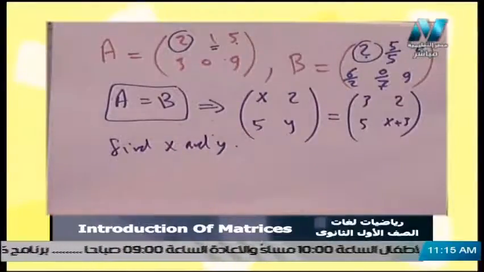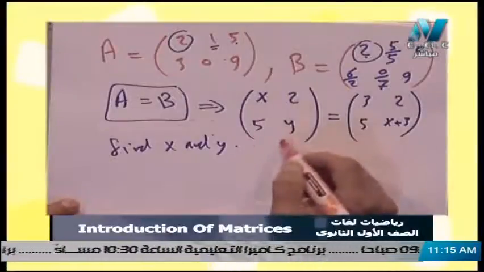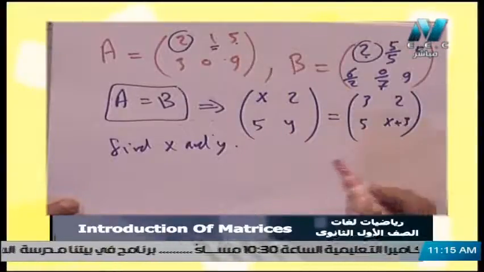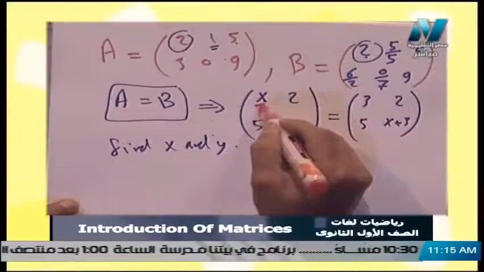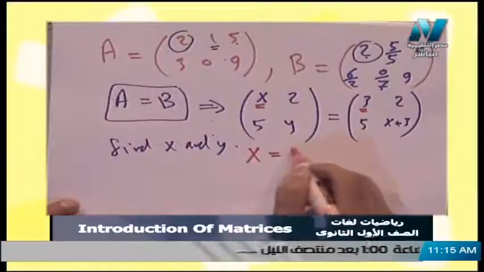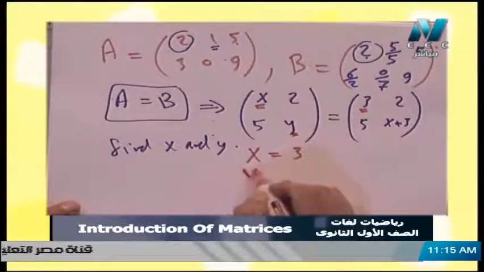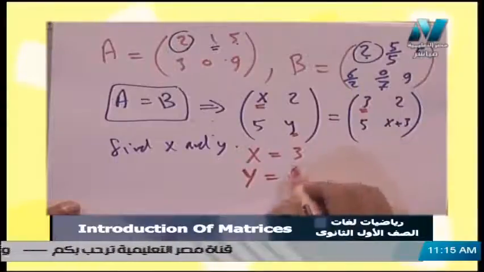Let's use the property that if matrix A equals matrix B, then the first element equals the first element here, so of course x equals 3, and also y equals x plus 3.